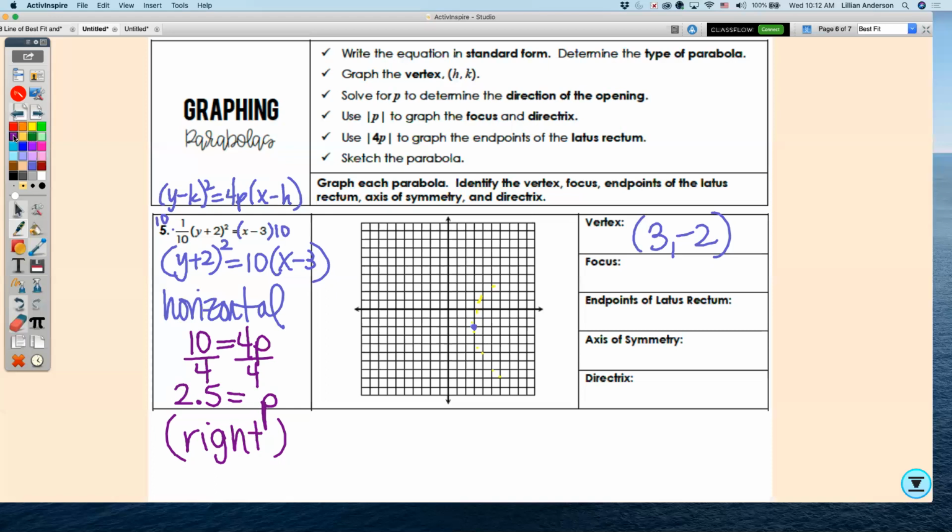My focus is on the inside of the parabola. So is the focus going to be to the left of the vertex or to the right of the vertex? To the right, and it's going to be 2.5 units. What is that point? 5.5, comma -2.